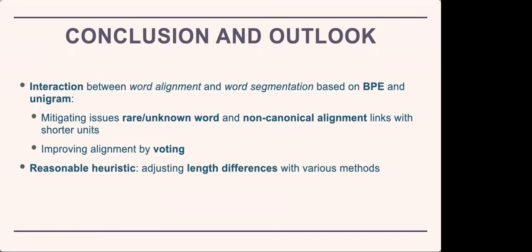Yes, in the reference alignment we have a lot of one-to-many and many-to-one links, which means that one word in the source language would link to two or three words in the target language. So if we have a smaller vocabulary size, we're going to split more words.